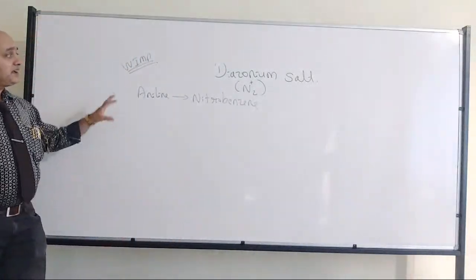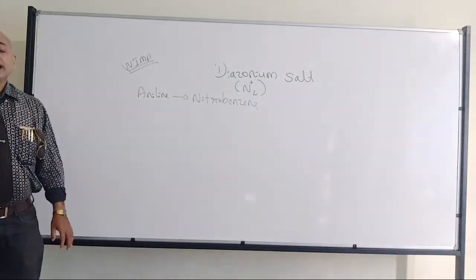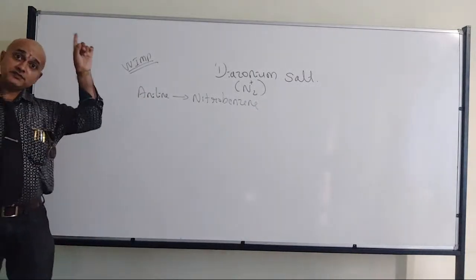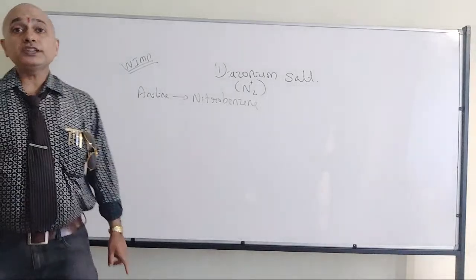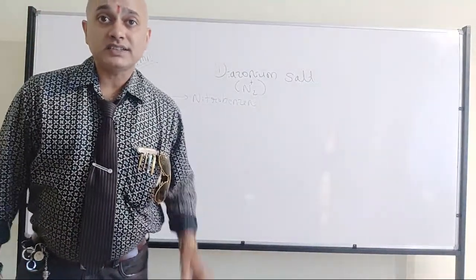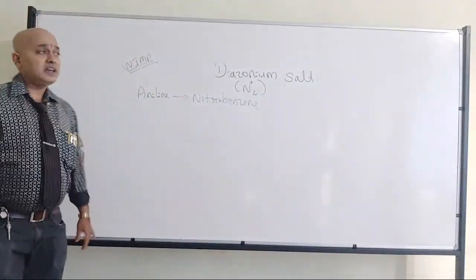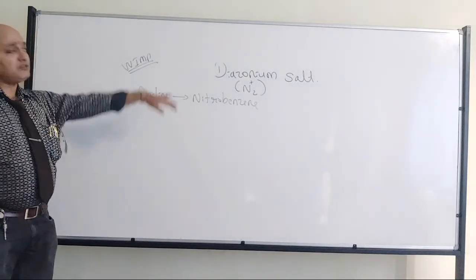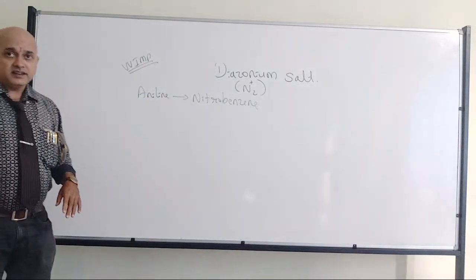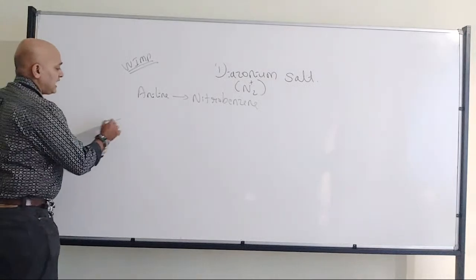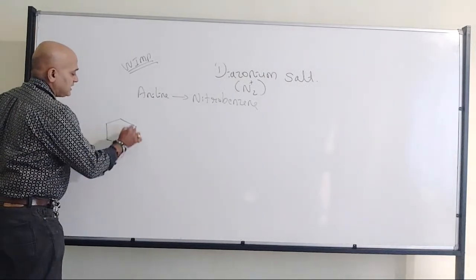That was the first method for the preparation of aniline which we have discussed. Now we are converting aniline to nitrobenzene.